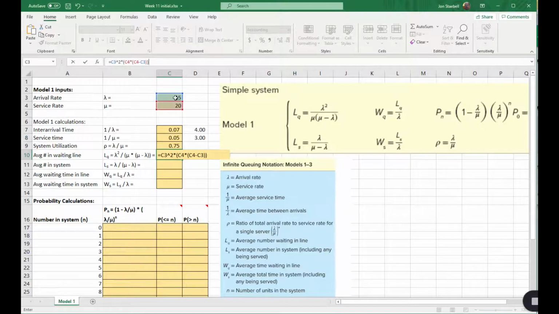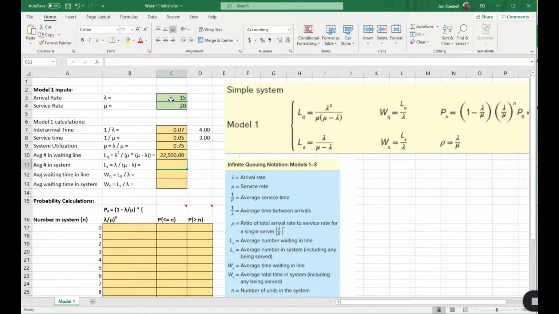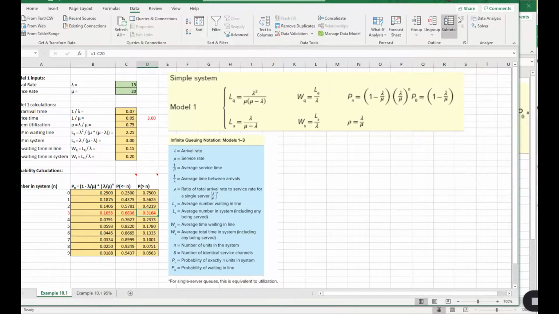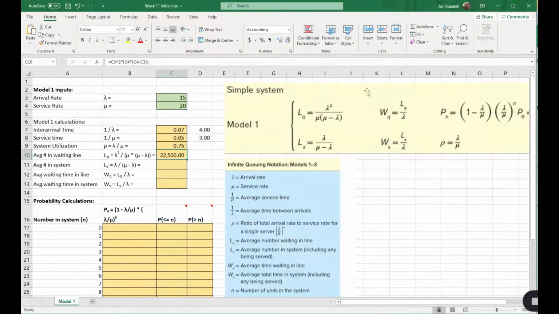So I've got the formula C3 squared times C4 times C4 minus C3. And that leads to the wrong answer.